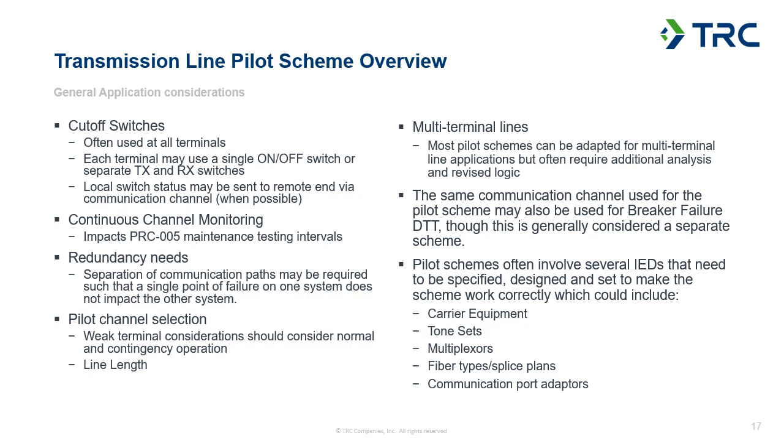So if you have a communications outage on one system, your other system will theoretically be available to provide high-speed clearing through that redundant channel. Some schemes, such as line differential, you can also provide redundant channels on a single relay as well, which has some advantages. That way you can disable one of your channels and still be able to have the scheme operate as intended if you had a communications channel failure on one of your redundant channels into that relay.